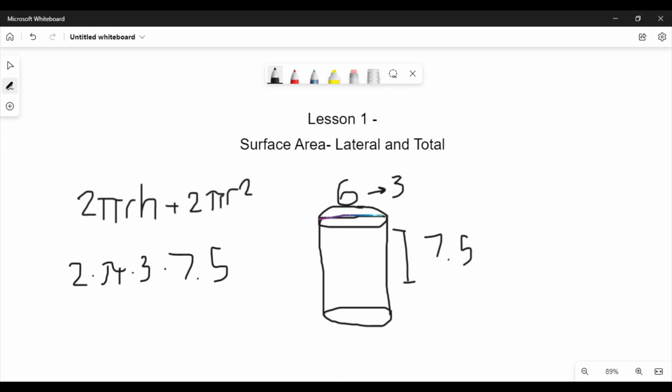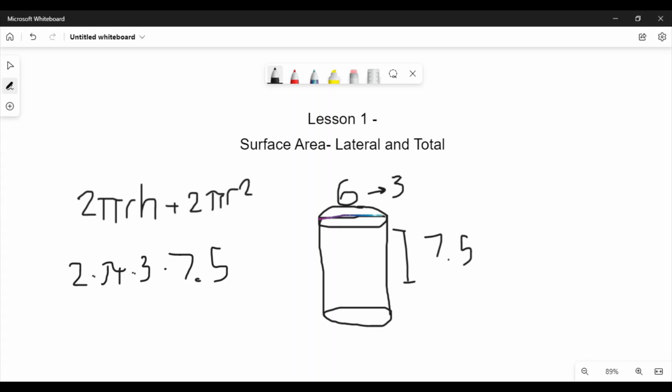So now that we have that, you can go ahead and do that on your calculator. So it's 2 pi, and in this case I will do 3.14. So 2 times 3.14 times the radius, which is 3, times 7.5.